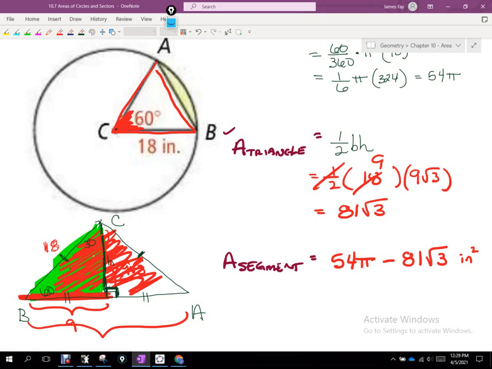Because when I cut those in half, I get 30, 60, 90, or 45, 45, 90 triangles that I can use special right triangles to find the dimensions of the triangle. Okay? If they don't do that, let's say they say that that angle's 68 degrees. Okay? Then you cut it in half, you get 34, and now you have to use SOHCAHTOA to find lengths. Okay? Does that make sense?